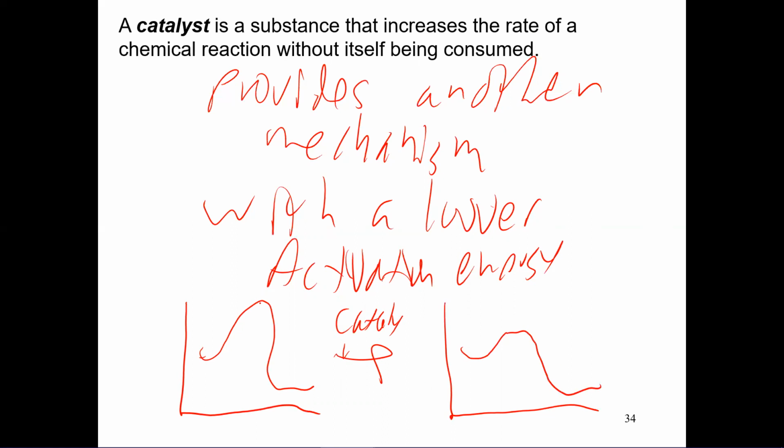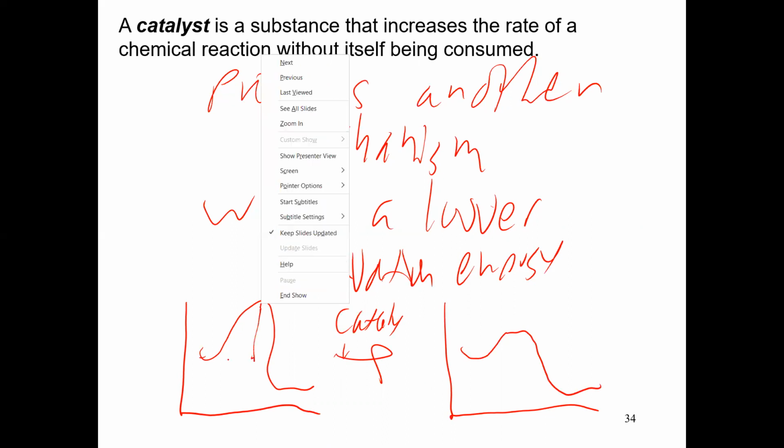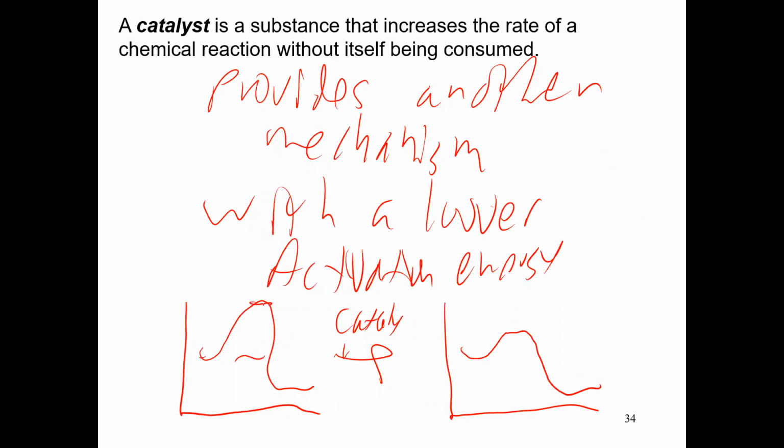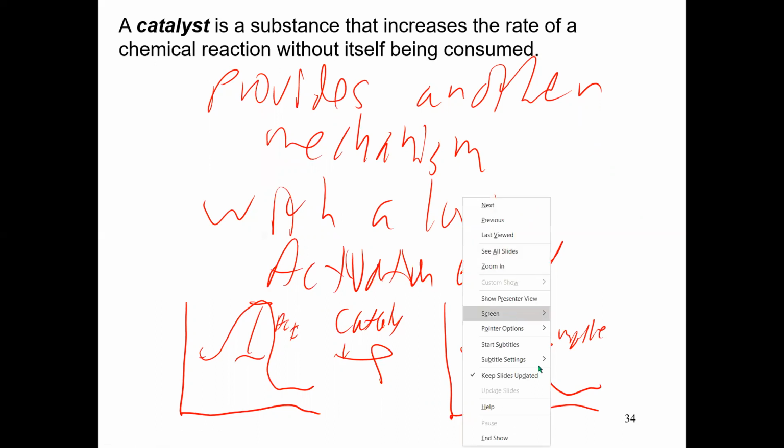This activation energy will change to be a smaller one over here. So this is smaller, and the mechanism for that is going to be different because it provides the intermediate in that system.